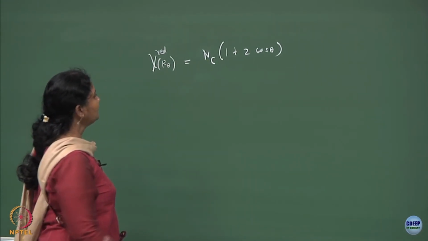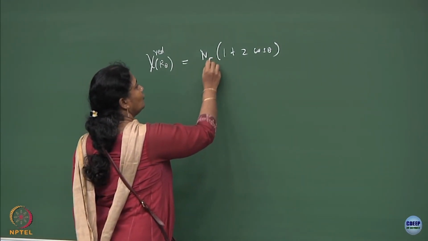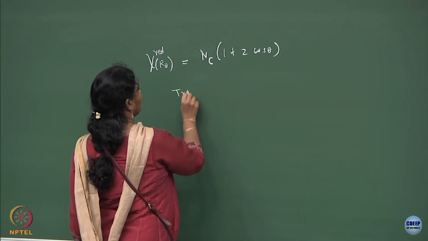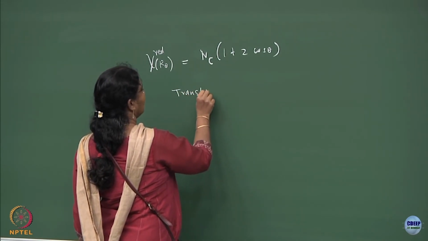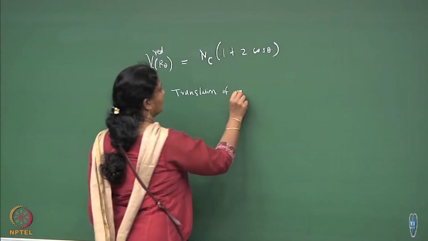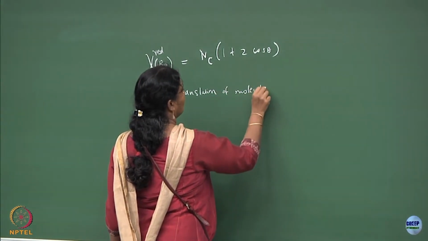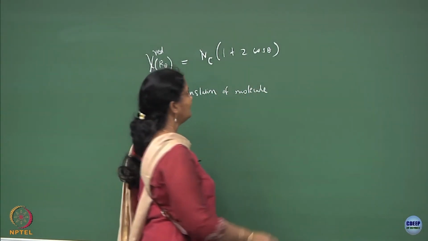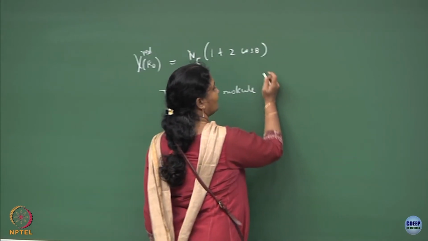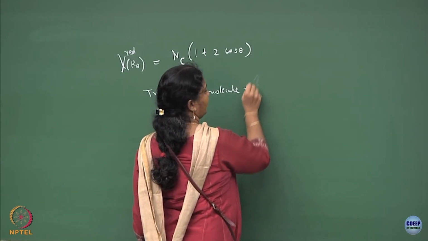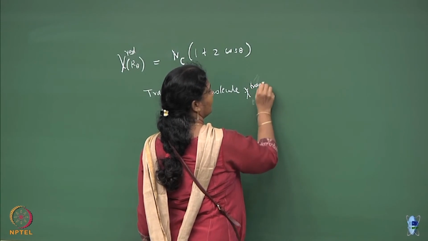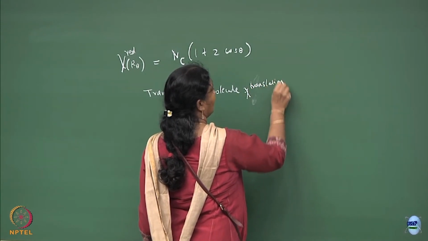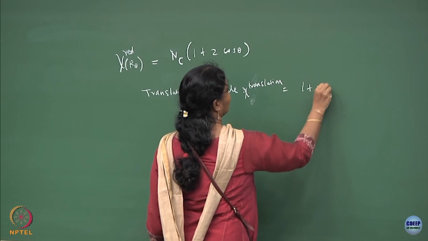What you could do is also remove the translation of a molecule. The character for translation is 1 plus 2 cos theta.